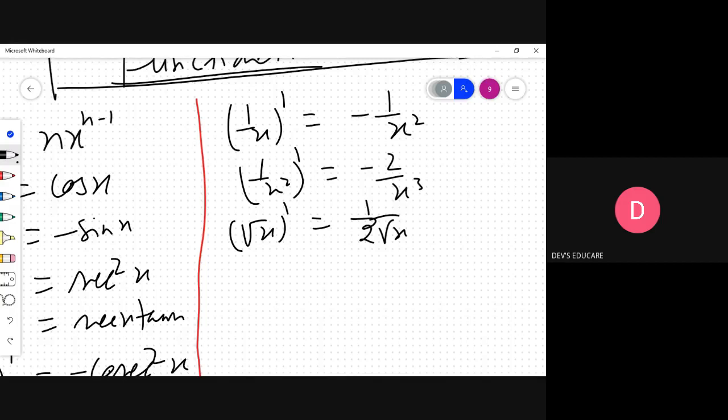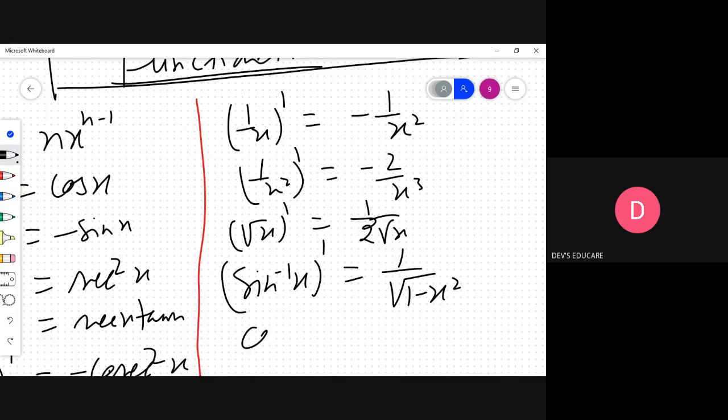And the derivative of sine inverse x is 1 upon root over 1 minus x square. The derivative of cos inverse x is minus 1 upon root over 1 minus x square. So the derivative of cos inverse x is the minus of the derivative of sine inverse x.